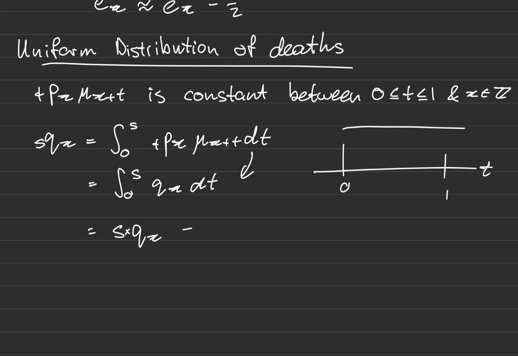So note I'm not writing this as sQx. I haven't just gone full circle back to the same thing. I'm saying now instead that sQx equals s times qx when I assume uniform distribution of deaths. Okay, so this is helpful.